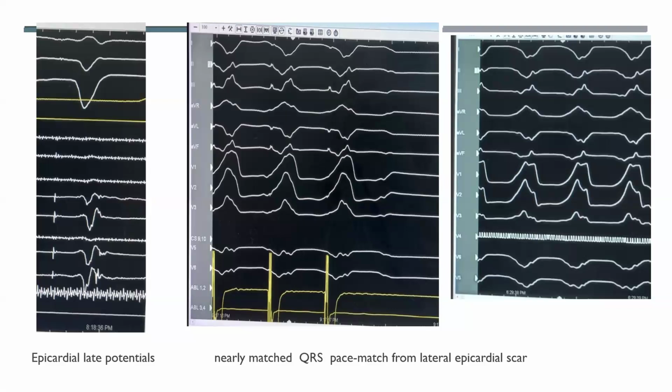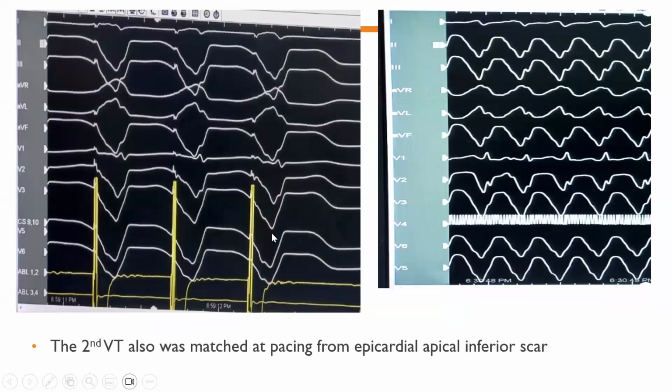Also, again, from the apical inferior segment, as you can see, this is pacing from a late potential in the apical inferior scar. We match the tachycardia. It's a 92 to 93% match on the CARTO machine, but we are on the right track for ablation of the clinical VT.